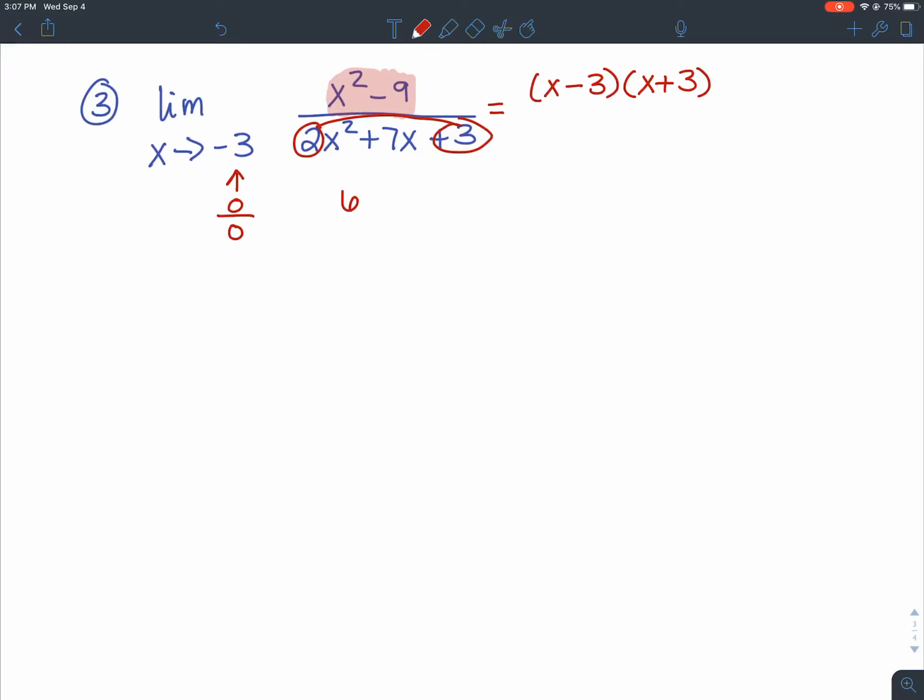So the factors of 6 that add to give me 7. All right, 1 and 6, and then 2 and 3. Well, guess what? 1 and 6.